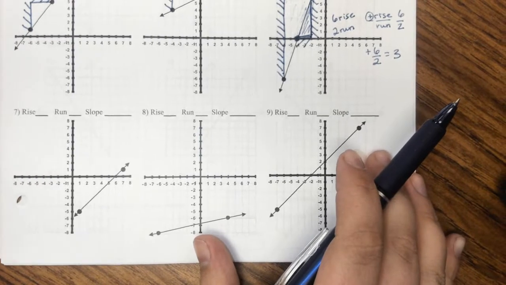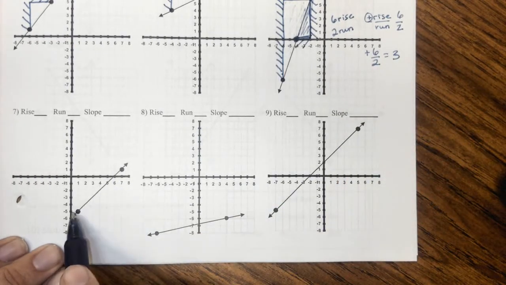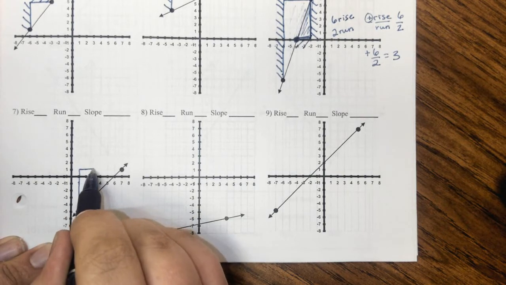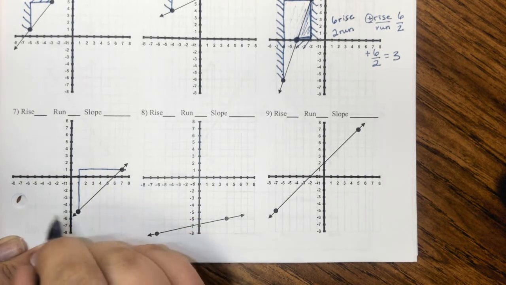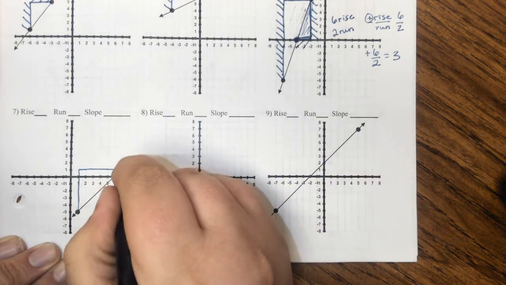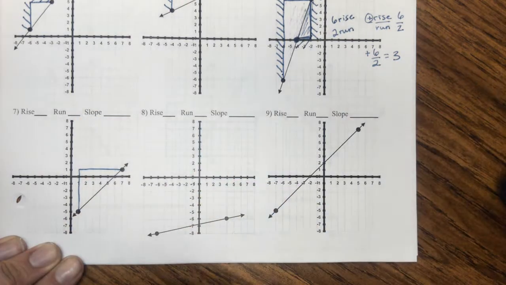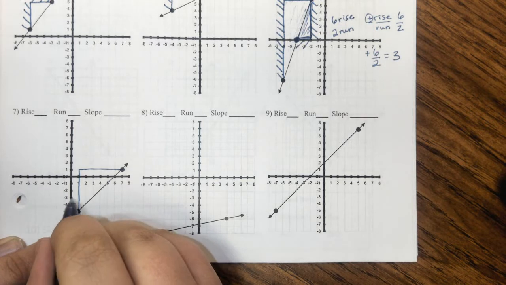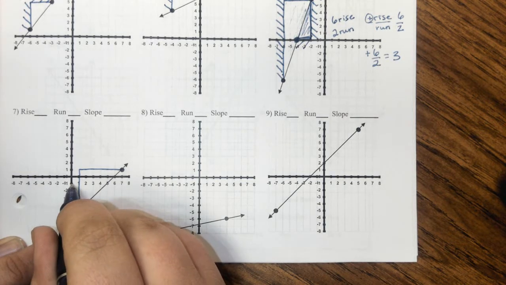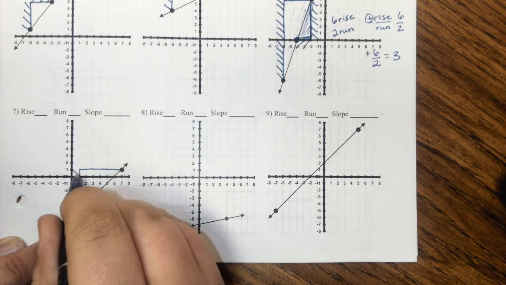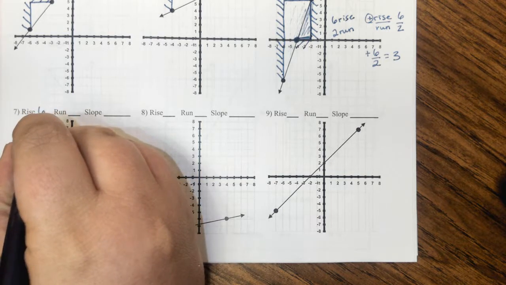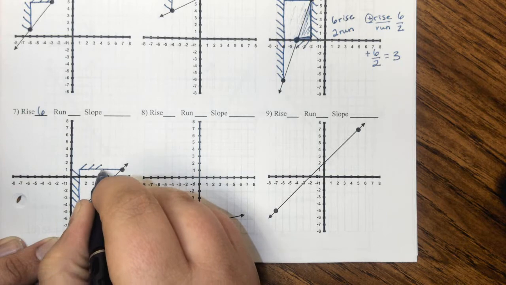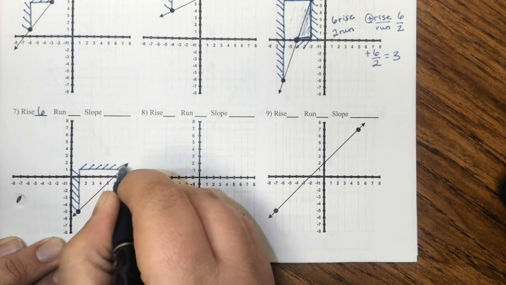Looking at number 7, between two perfect points, draw a right triangle. Okay, I'm going to erase that. Now I need to count the rise and the run. So I've got 1, 2, 3, 4, 5, 6 for my rise. The run is 1, 2, 3, 4, 5, 6.